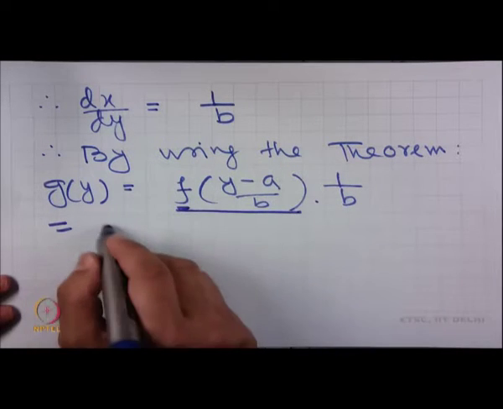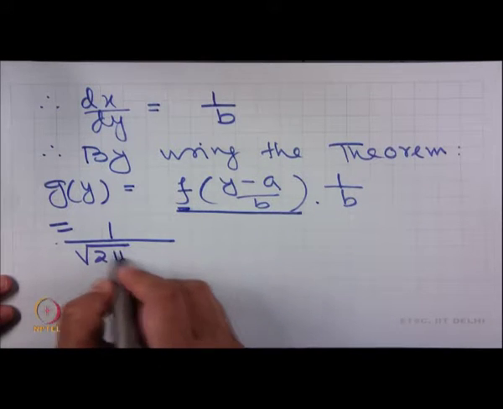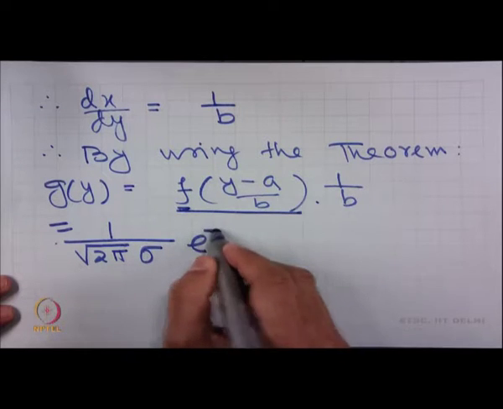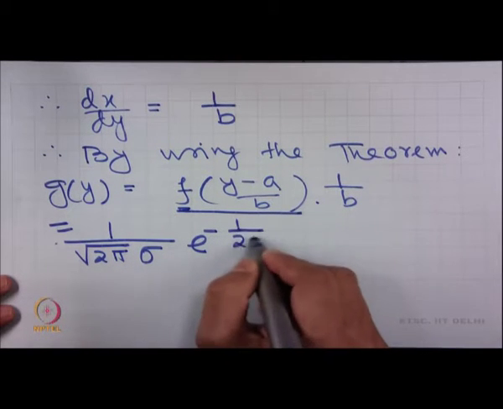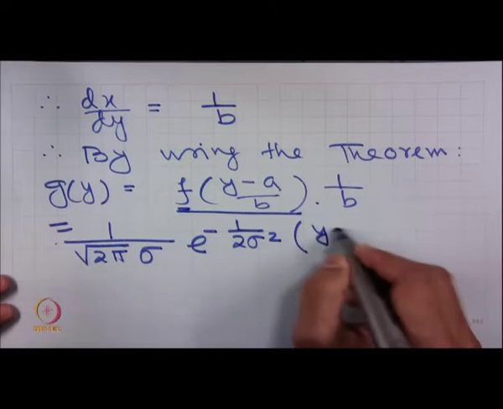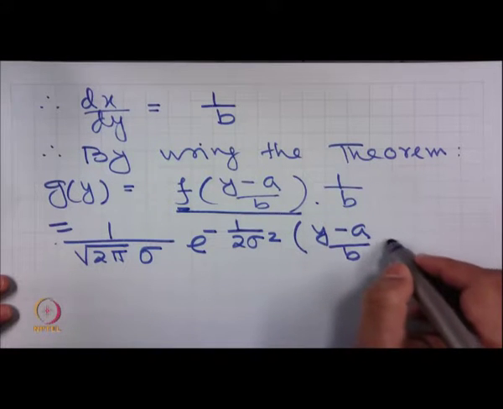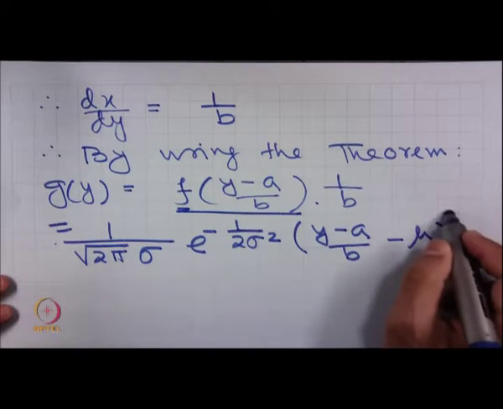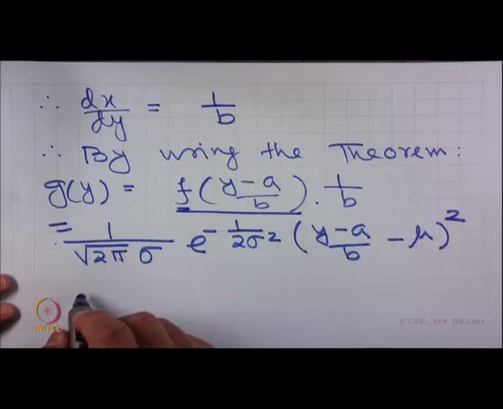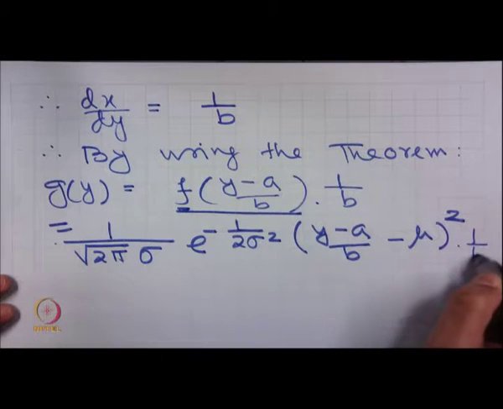Therefore, this term is 1 over root 2 pi sigma into e to the power minus 1 upon 2 sigma square into y minus a upon b minus mu whole square, multiplied by 1 by b.